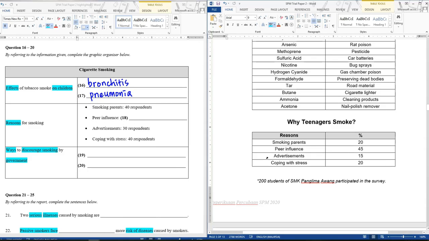Alright, I don't think I'm going to set a timer, but there is something that you will need to calculate. So please look at this table again carefully, and then please try to find out how many respondents answered peer influence as the reason that they smoke.